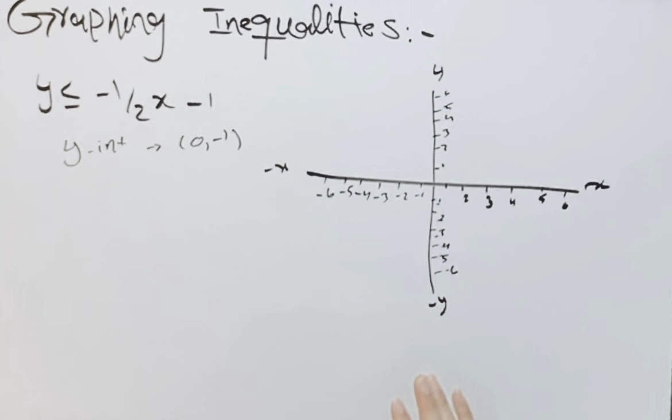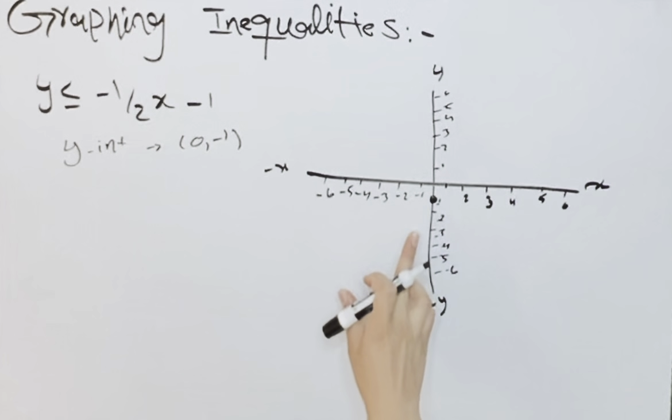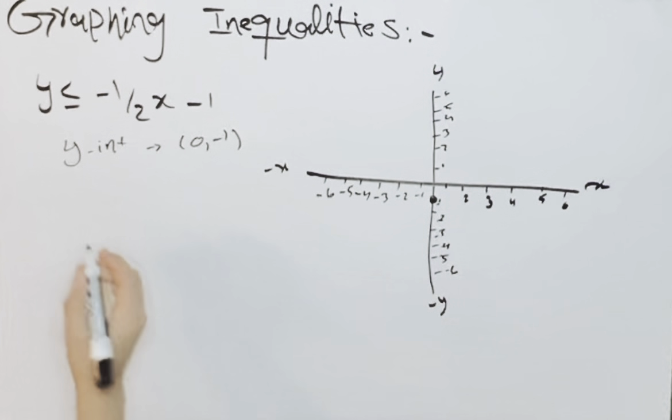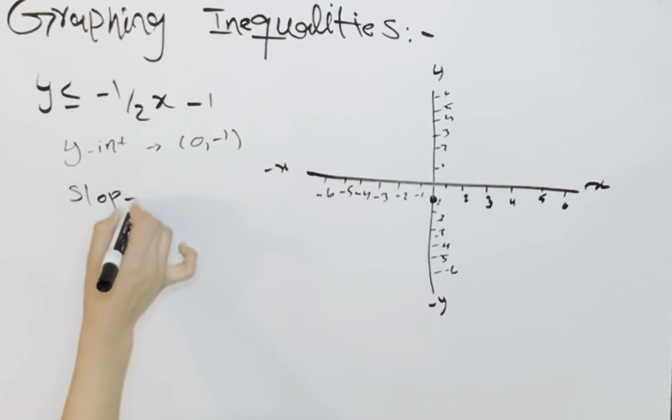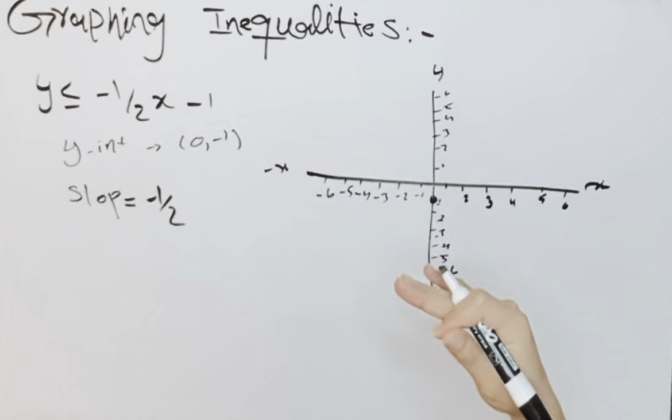Okay, now we first start with our y-intercept, which is 0 and negative 1, which is located right here. Now, this tells me, again, it's my slope. My slope is equal to negative 1 over 2, which means from this point, I should do something negative, meaning that if I go up, I should turn left.